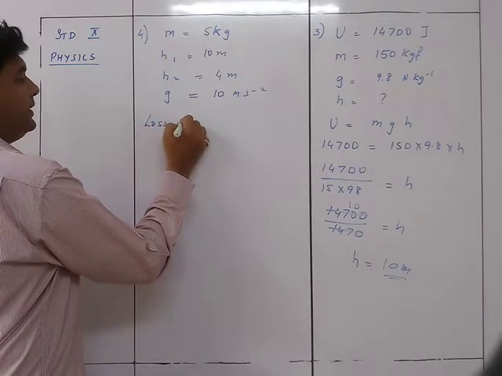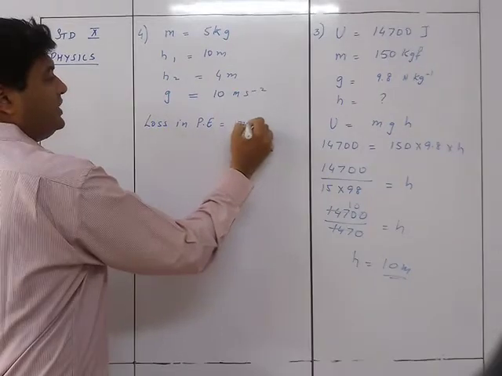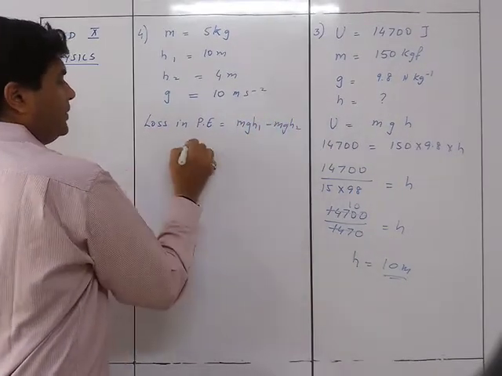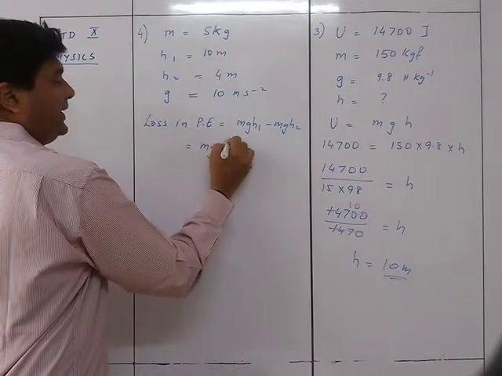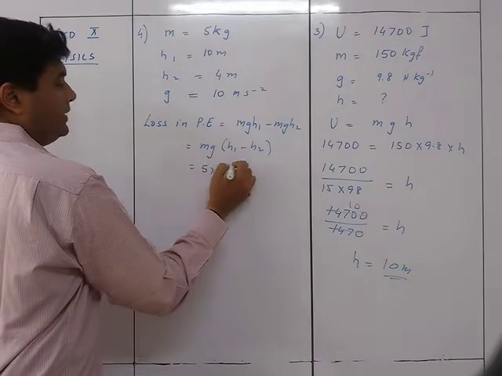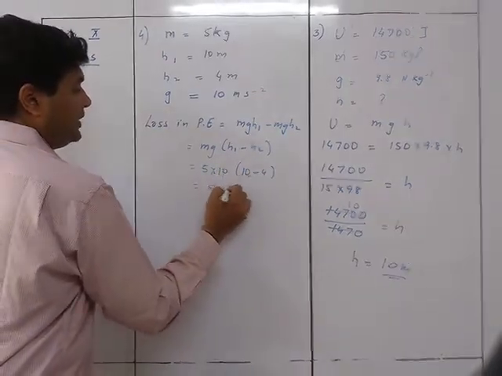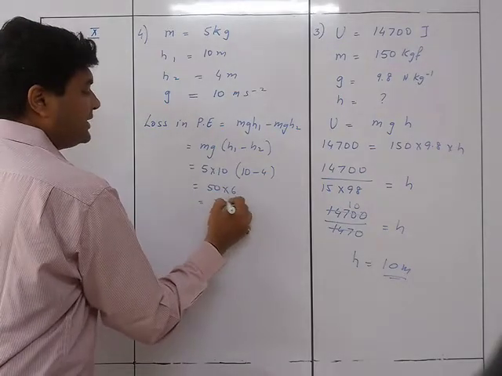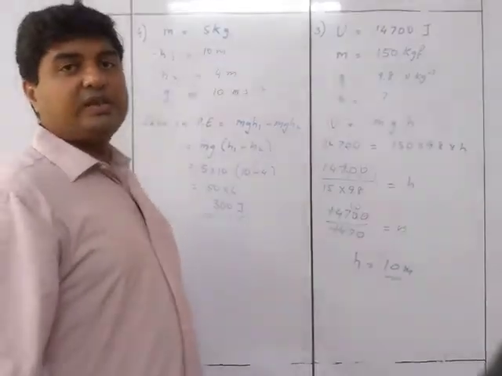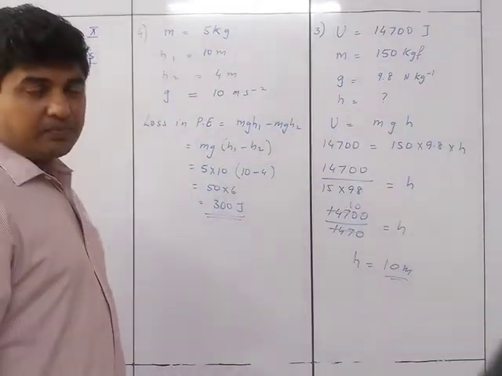Loss in potential energy is equal to mgh1 minus mgh2, which is nothing but mg(h1 minus h2). m is 5 into 10 into (10 minus 4), that is 50 into 6, which is 300 joule. So 300 joule is the loss in potential energy.